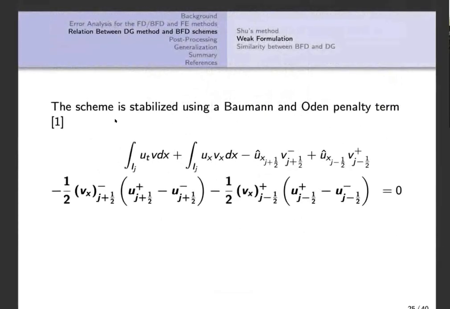And the scheme needs to be stabilized, and we use Baumann and Oden penalty terms, which basically take into account the value of the derivative of the test function at the boundaries times the jump of the exact function at those boundaries. So this is the first boundary and the second boundary.